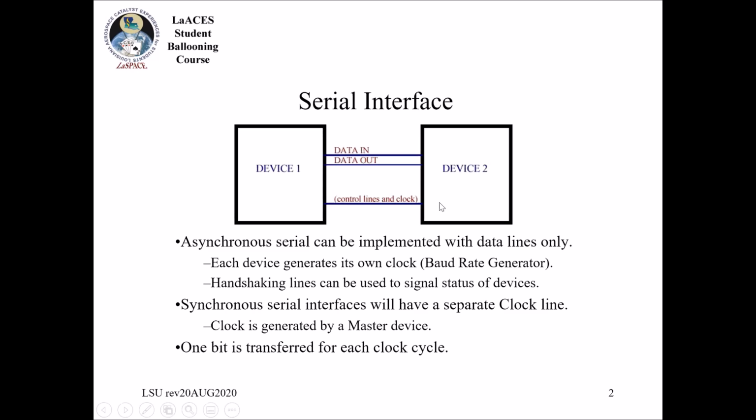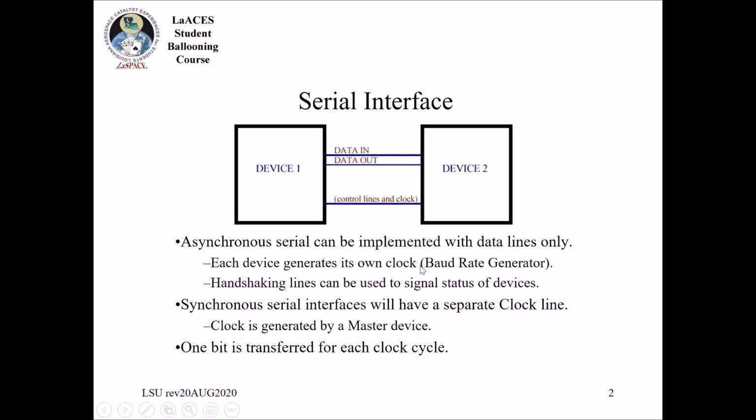Typically you'll also have some kind of control line and clock associated with these two lines. An asynchronous, or serial, signal can be implemented with data lines only. Importantly, that means each device generates its own clock, so you don't have a clock line.